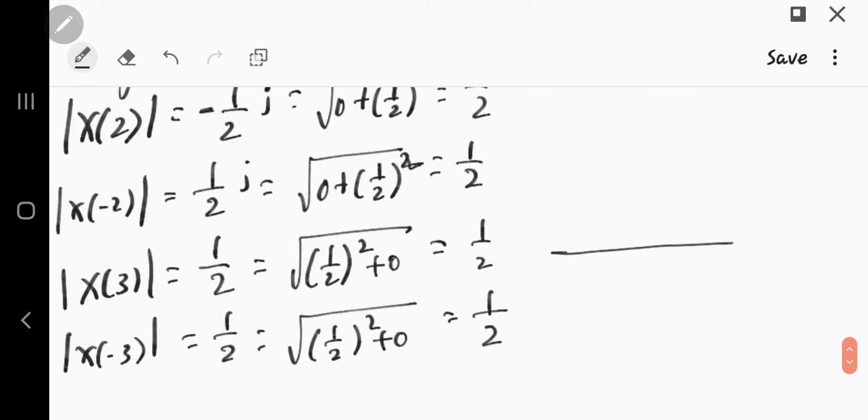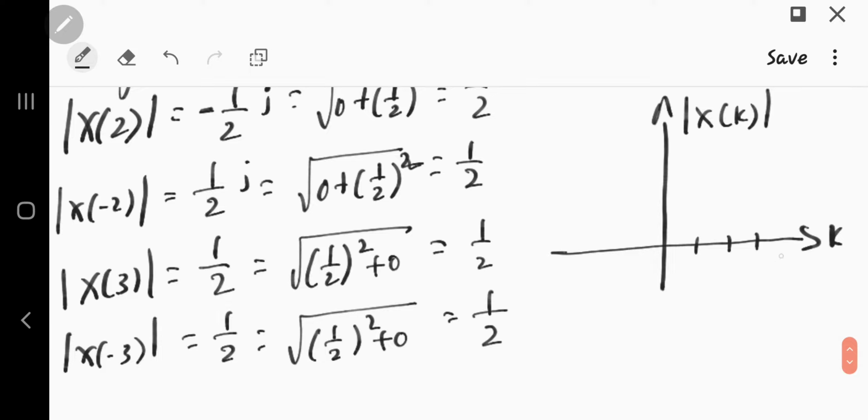Now I will plot the signal here itself. I'll take the axis values 1, 2, 3, 4, minus 1, minus 2, minus 3, minus 4.